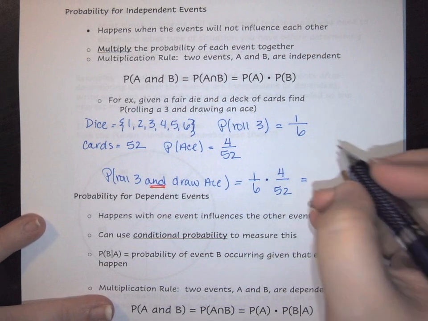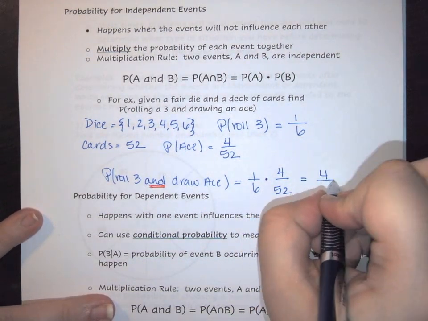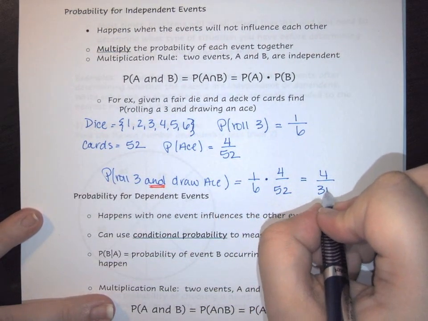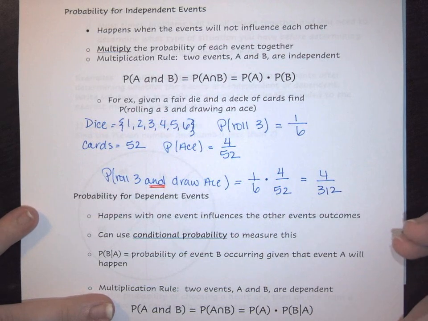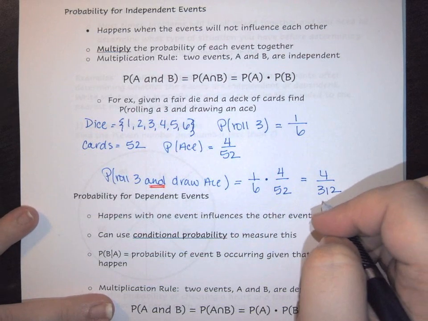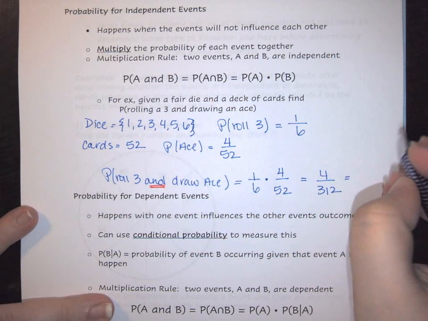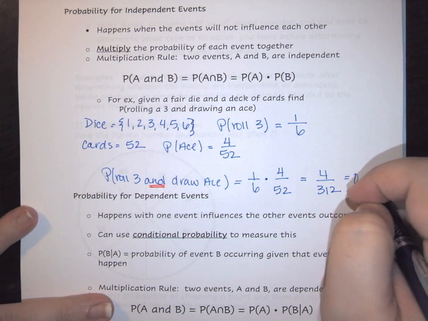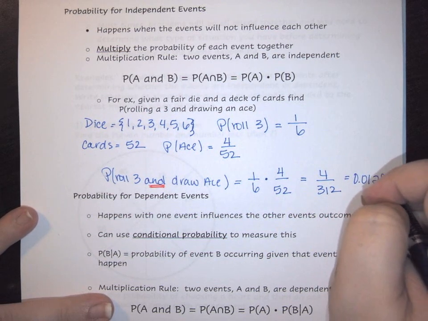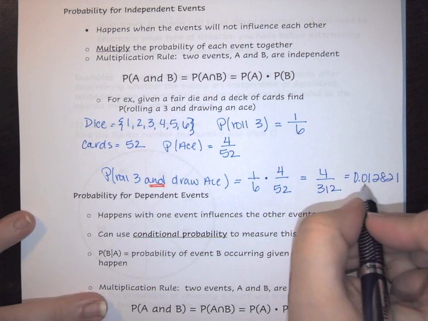In this case, we're going to end up with 4 over 312. We're going to give ourselves a probability rounded to the millionth, so we're going to get 0.012821 as my probability.